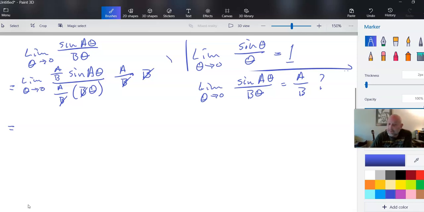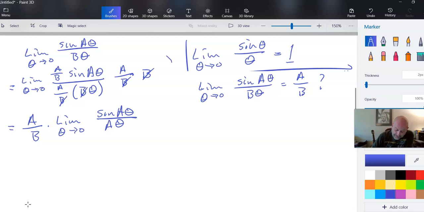So A and B are constants, they're not variables, so that means you can just pull them through the limit. That gives me A over B times the limit as theta goes to 0 of sine A theta over A theta, which fits the condition of our original rule.